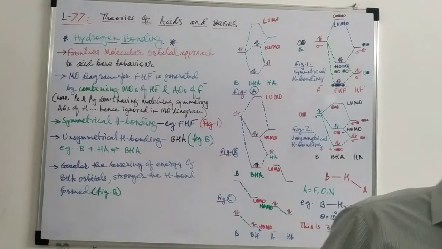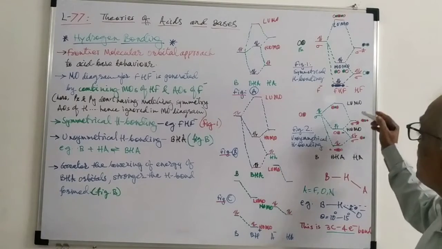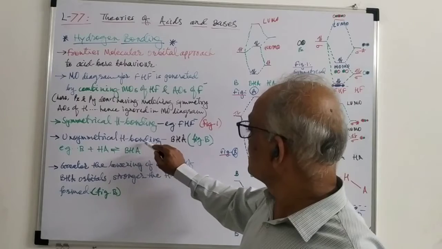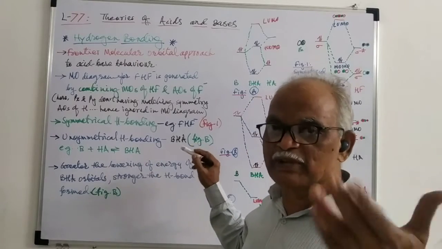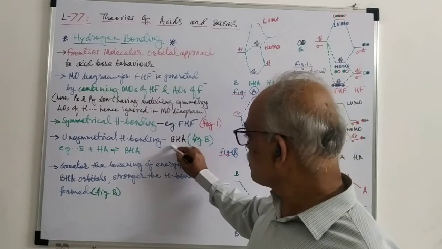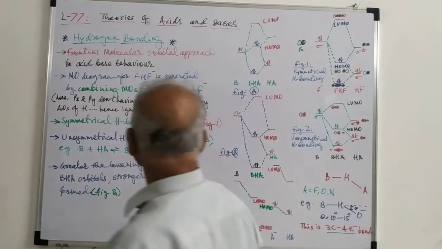Later on we will see another molecular orbital diagram, where you will find unsymmetrical hydrogen bonding. We are generalizing the species as BHA, that is boron, hydrogen and A, where A is any other species.